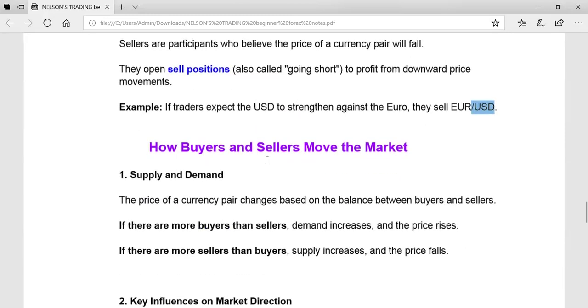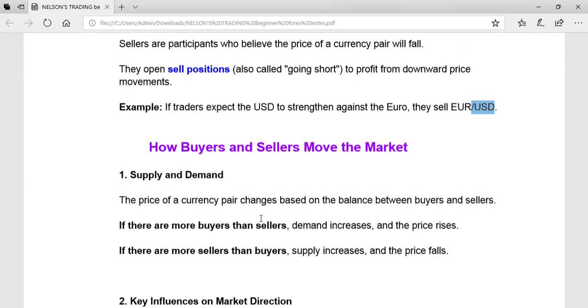Okay, so how do buyers and sellers move in the market? Supply and demand. What's the demand? What's the supply? The price of a currency pair changes based on the balance between buyers and sellers. There must be buyers and also sellers in the market.